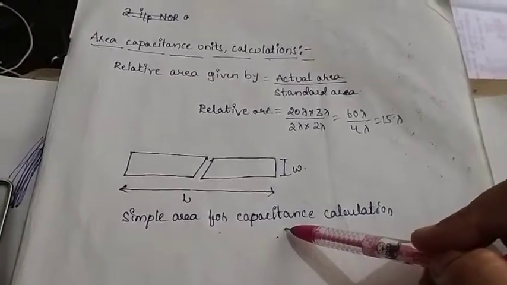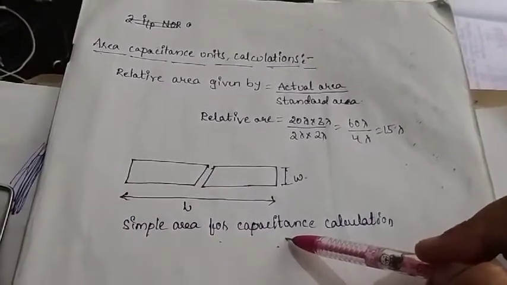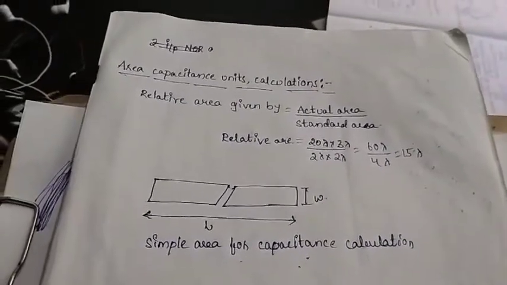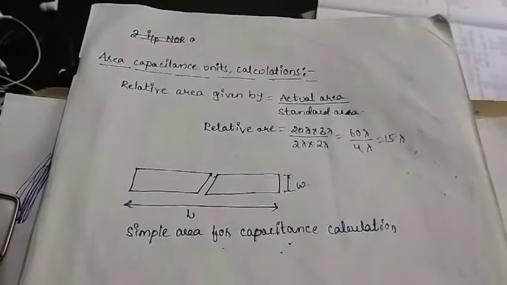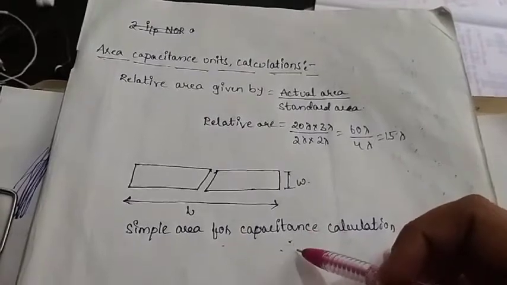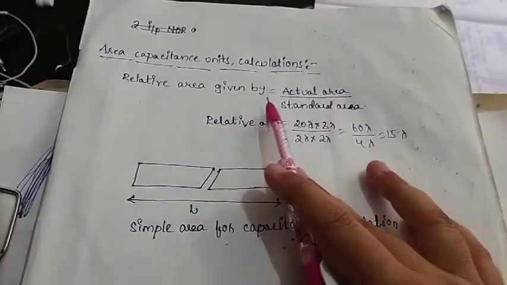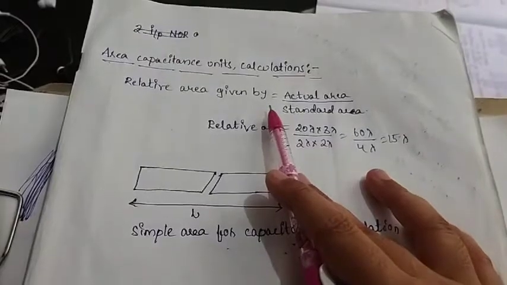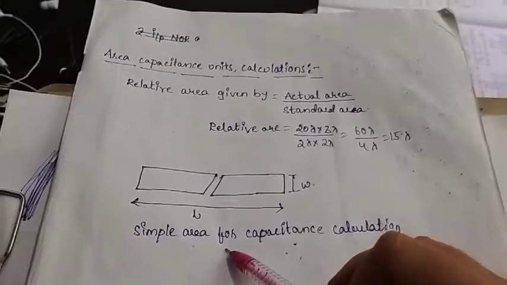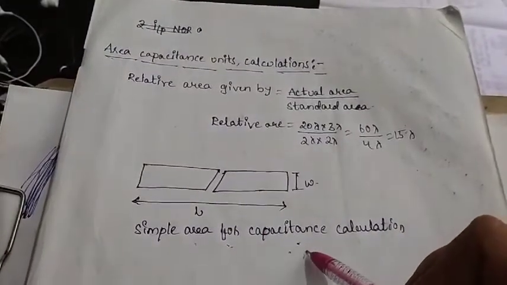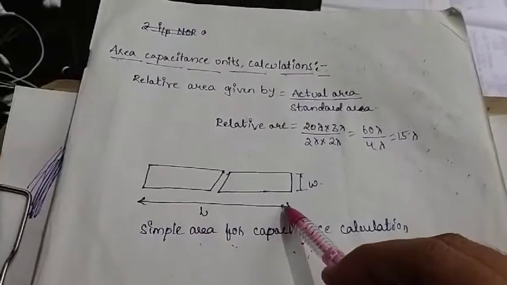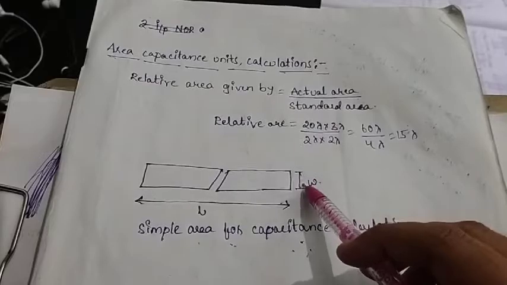Capacitance is a storing element: a capacitor is used to store energy, and it is used for charging and discharging purposes. In VLSI, here is a simple area for calculating the capacitance. This is the length of that area, and this is the width.